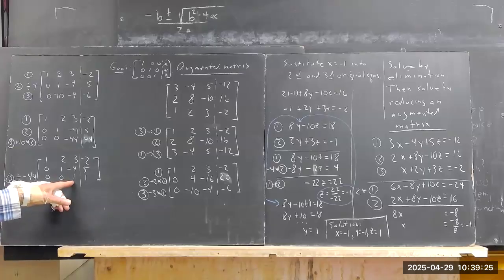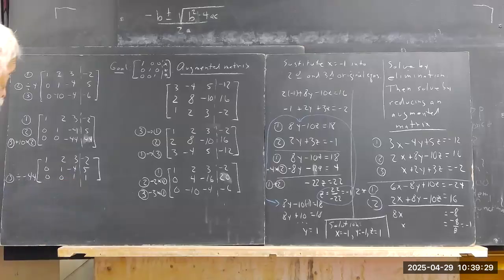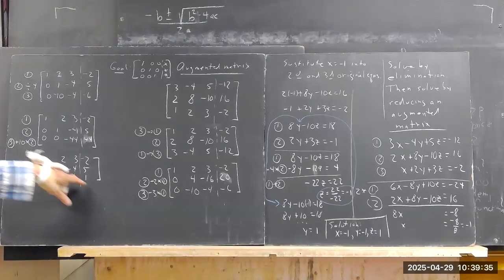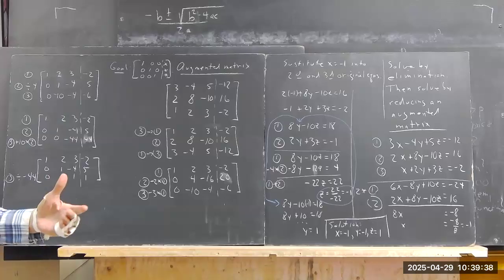Now this tells me what? This tells me that z equals 1, right? At this stage, I could write down the 3 equations that I get here. This is one option.